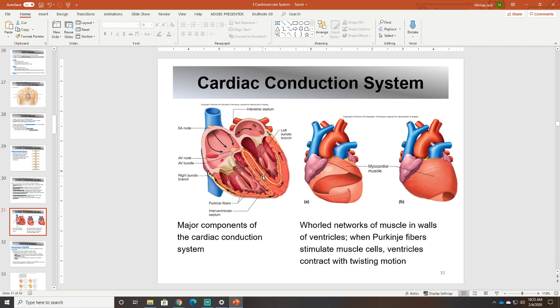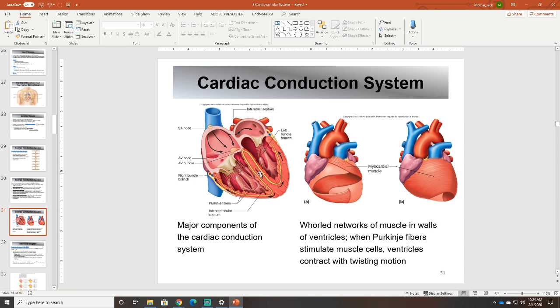Center wall of the heart, by the way, is known as the ventricular septum. Sorry, it took me a second there. Ventricular septum. So the bundle branches pass through the ventricular or interventricular septum, the septum or wall between the ventricles.